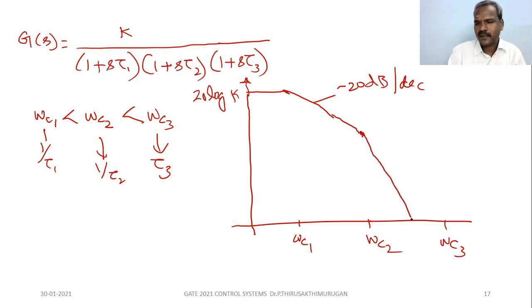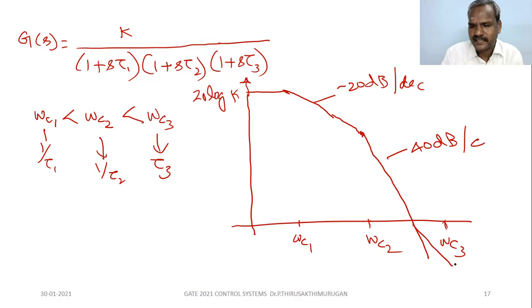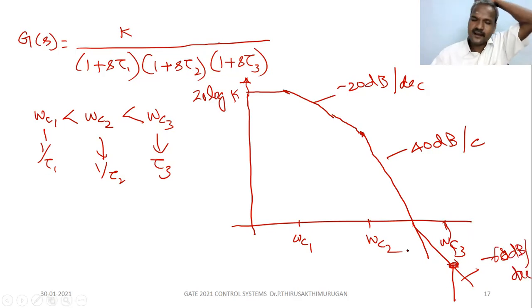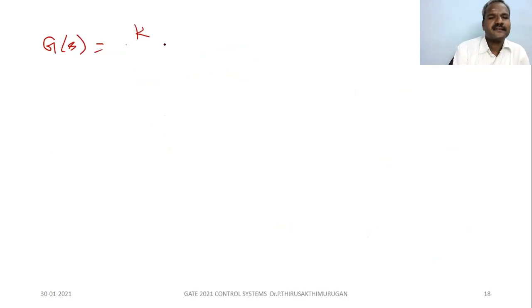At the last corner frequency, another slope change occurs, to minus 60 dB per decade. Understand? So this is the standard Bode magnitude plot for different transfer functions. Next, let us consider g of s equal to k by s. What is the Bode magnitude plot for this?